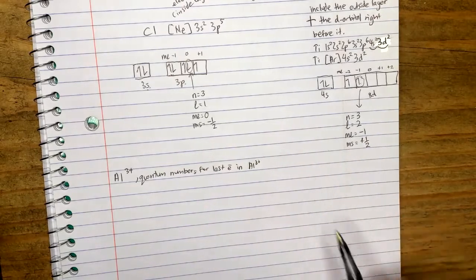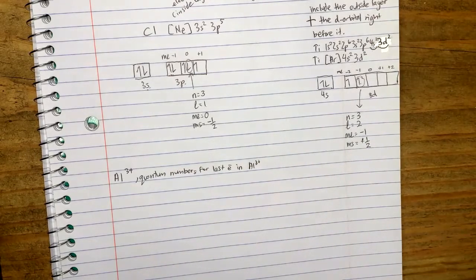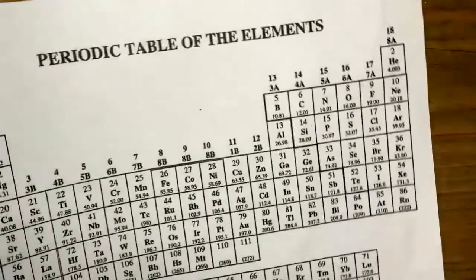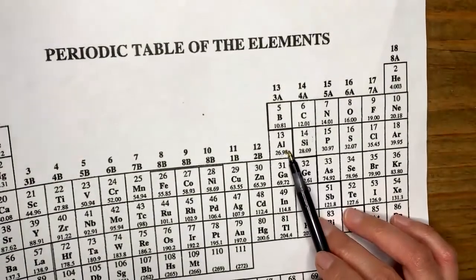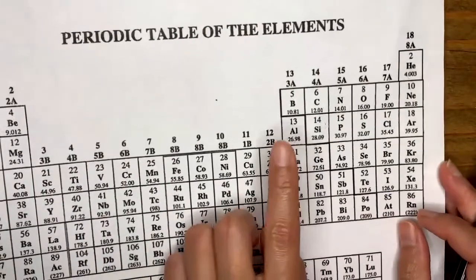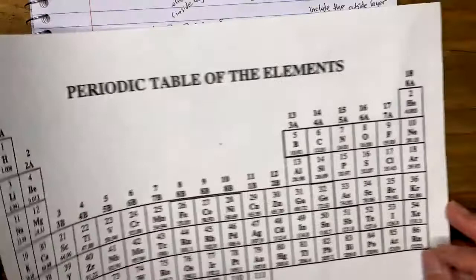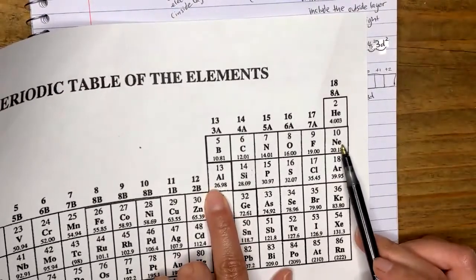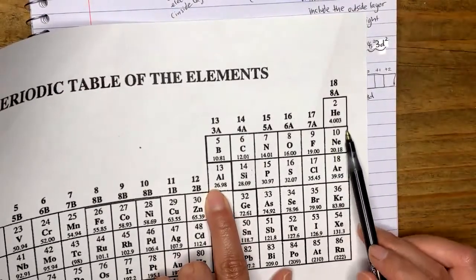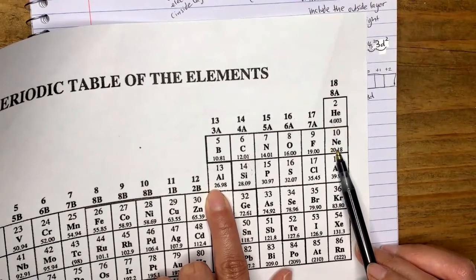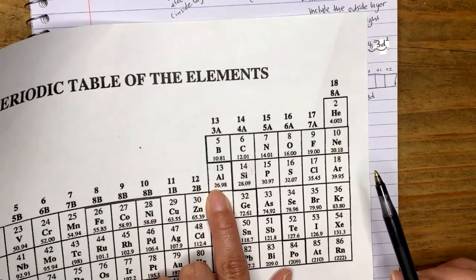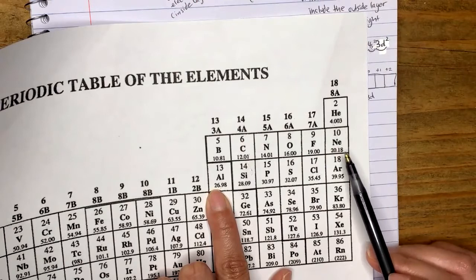Okay, so then we've got to decide what the Al3+ configuration is. So aluminum is 13. 3+ means it lost 3 electrons. Take out 1, take out 2, take out 3. Who does it look like? Aluminum 3+ looks exactly like neon. Okay, and that's why we say the peer pressure, everybody wants to be like the noble gases.